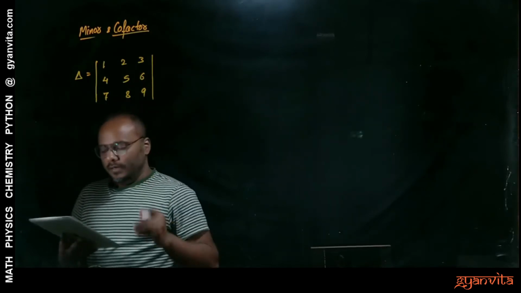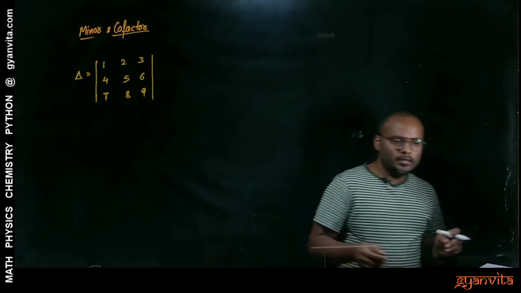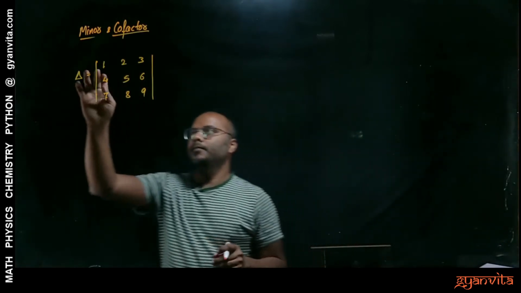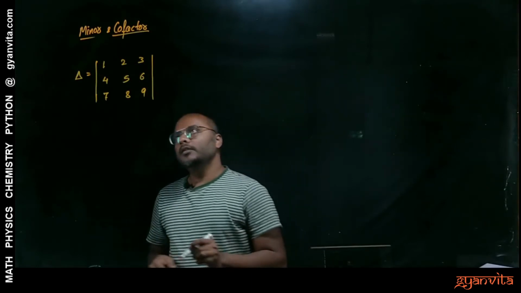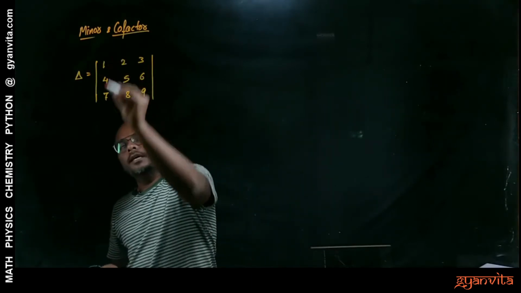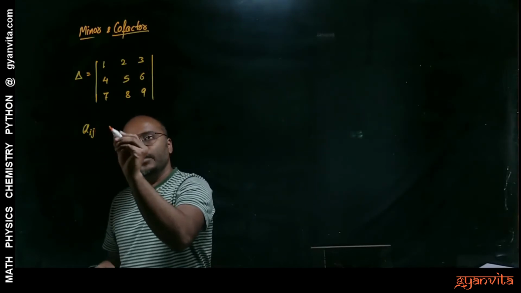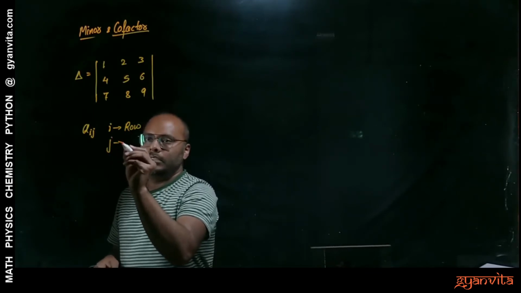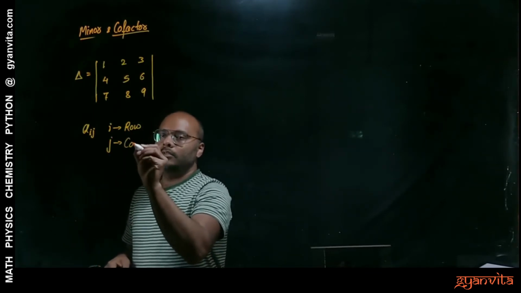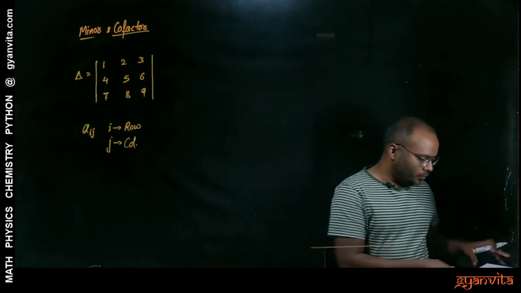The elements you see here belong to a particular row and column. Every element is given as a_ij, where i represents the row and j represents the column.